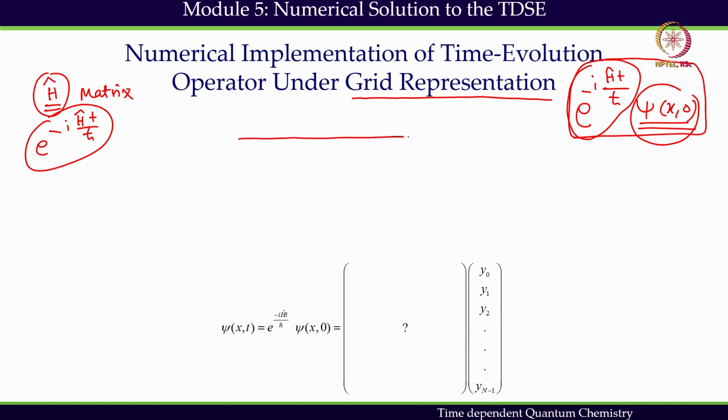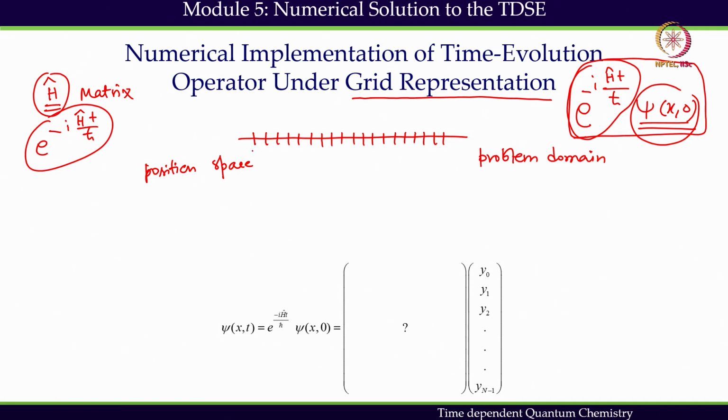Grid representation means that the problem domain, which is the position space, is divided into uniform grids. This is something we have already understood in Python tutorial 2, where we showed how to represent the wave function on a grid.